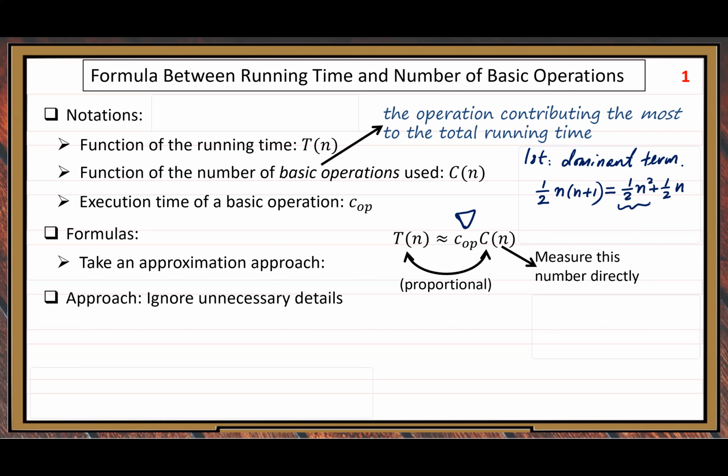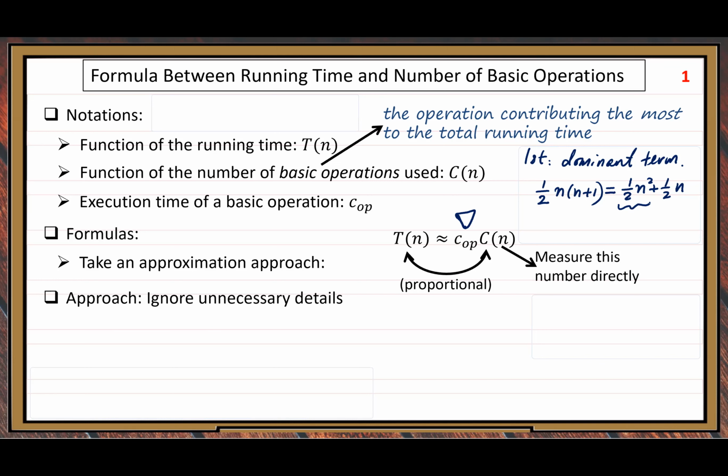How much percent? It depends on the problem size. When the problem size is very large, the percentage you throw away is very small, but when the problem size is relatively small, that percentage will be higher.